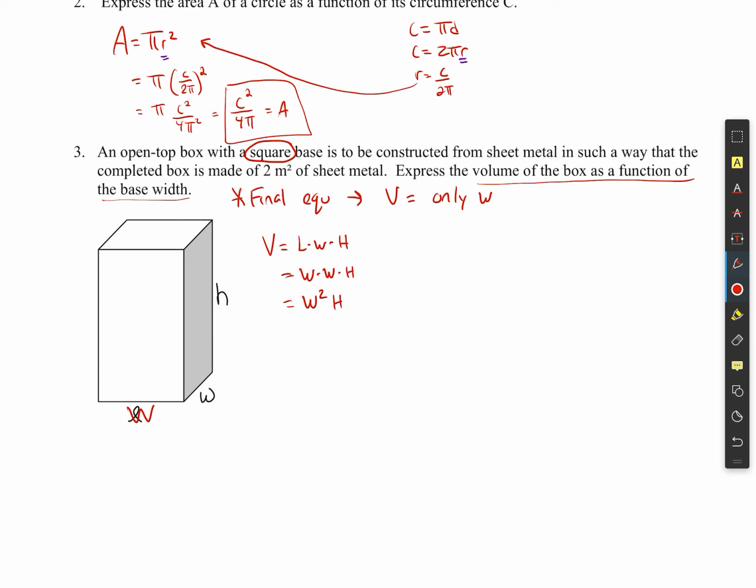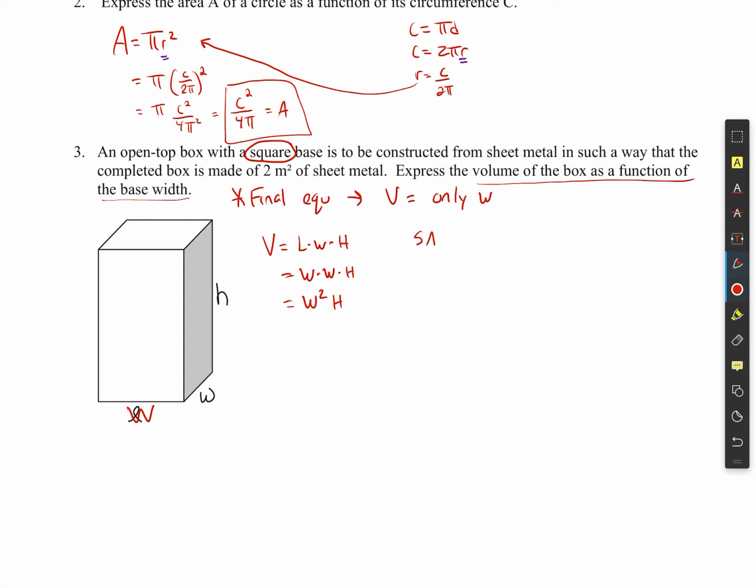So what's the issue here? We've got to get rid of the h. The volume is going to have this formula, but we are looking at surface area. They took a piece of metal and they broke that metal down.